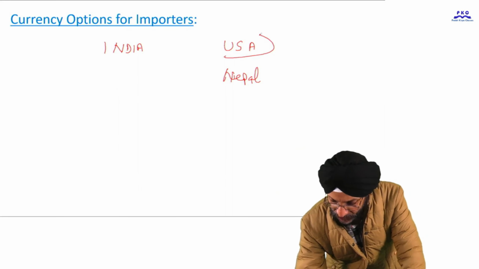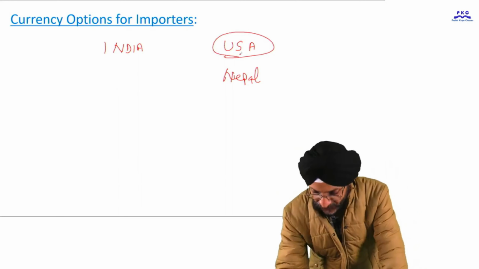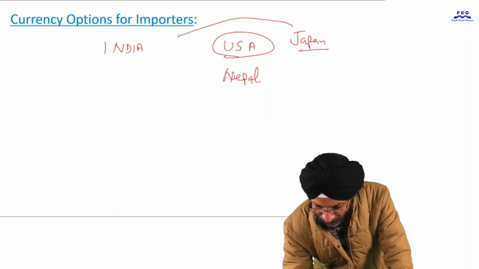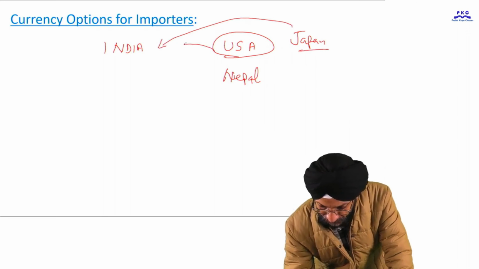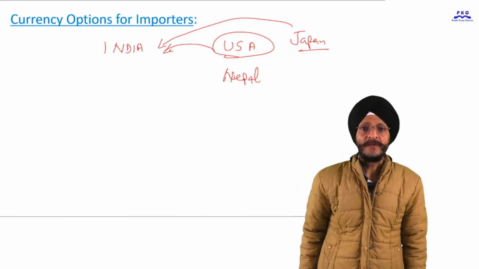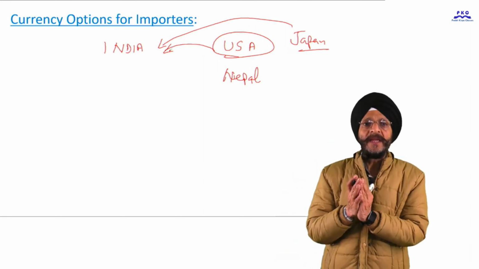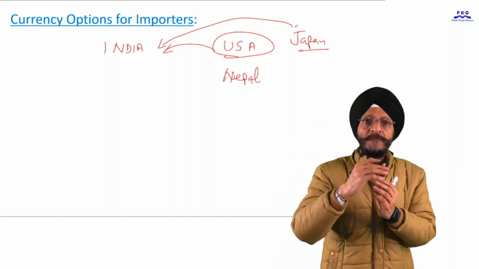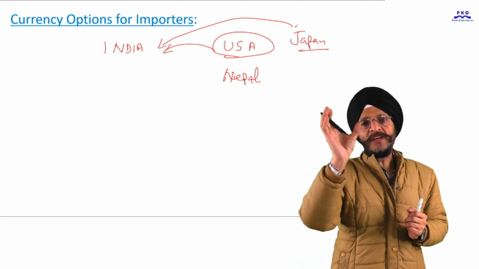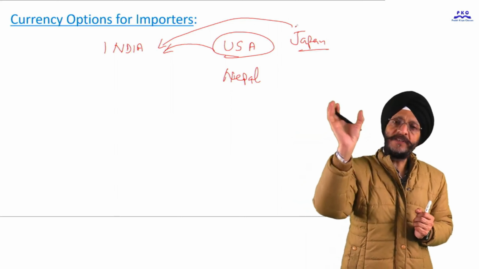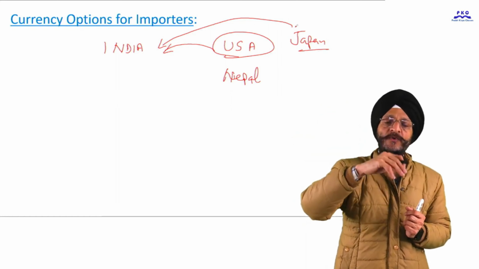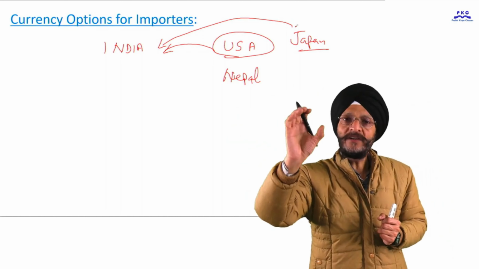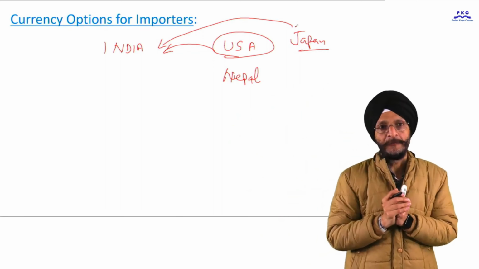Suppose it is USA or, say, Japan, from where we are importing goods. Normally when we import goods, the will of the exporter prevails. That is, we will have to pay as per the wishes of the exporting country or exporting businessman.